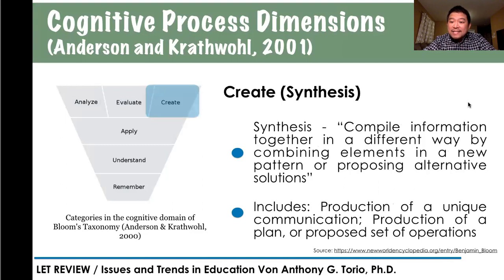And finally, the highest level in Bloom's taxonomy, or in this case, in the revised Bloom's taxonomy by Anderson and Krathwohl, with the same level as analyze and evaluate, is create, described in relation to its original term synthesis: compile information together in a different way by combining elements in a new pattern or proposing alternative solutions. And it includes production of a unique communication, production of a plan, or proposed set of operations.